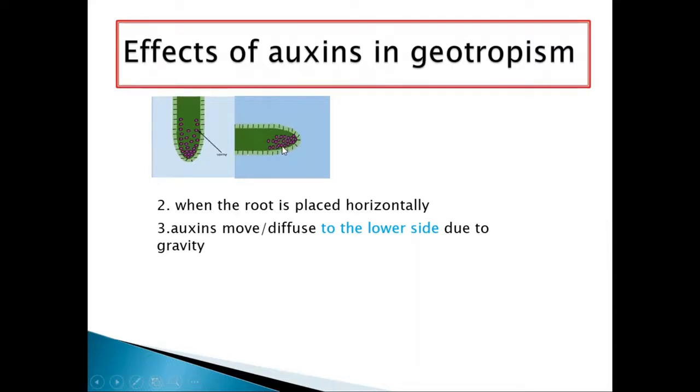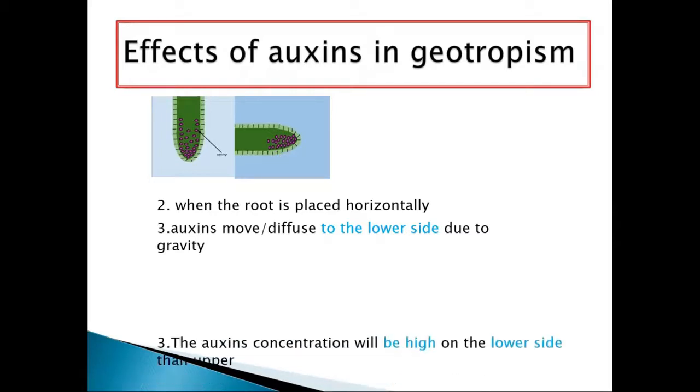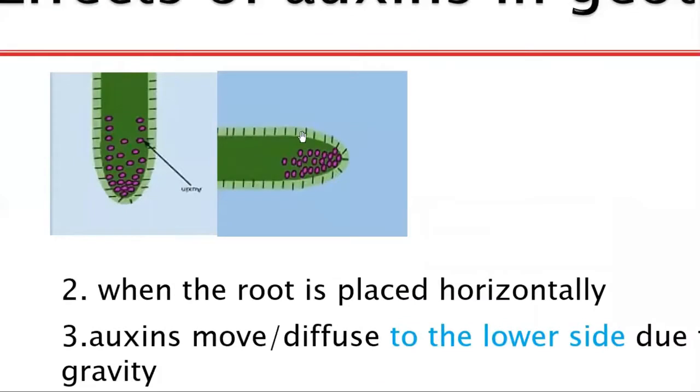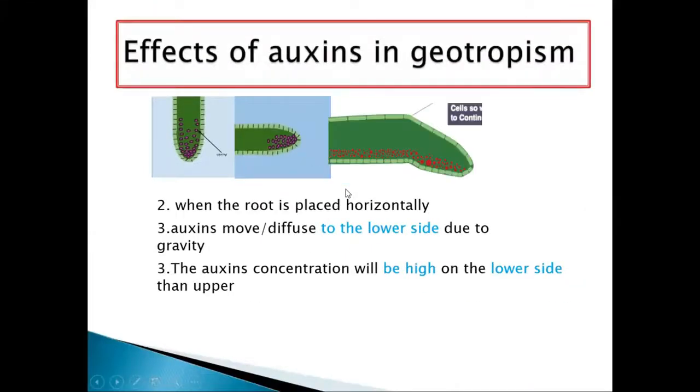But remember, auxins inhibit growth. In the case of the root, it slows down the growth. So what will happen? The auxin concentration will be high on the lower side than the upper side. As you see here, it has more auxin, while the upper side has less auxin.